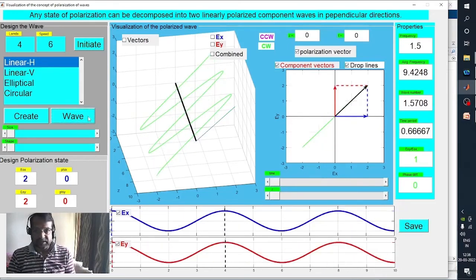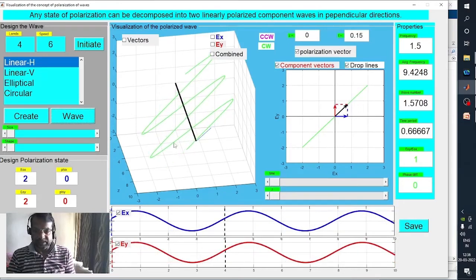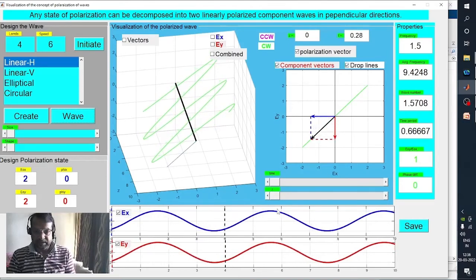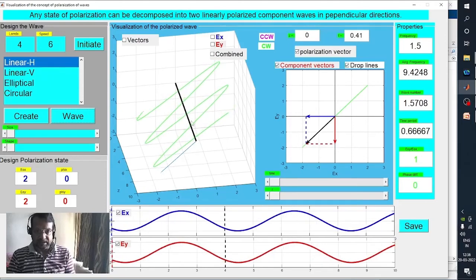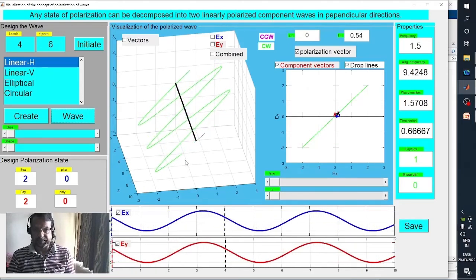Let's look at this. So at any instant of time, as a function of time, Ex and Ey look like this, the individual Ex and Ey components look like this, and the resultant wave is something like this, the 3D wave.